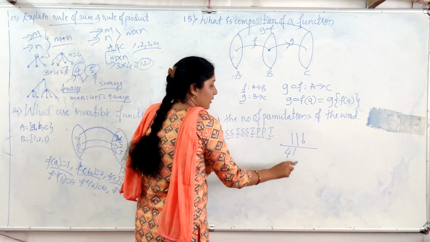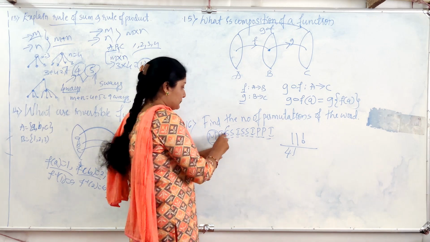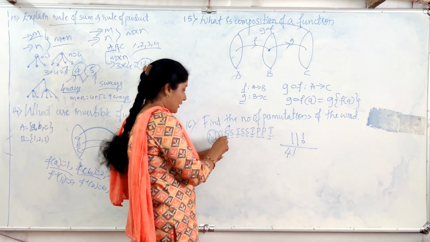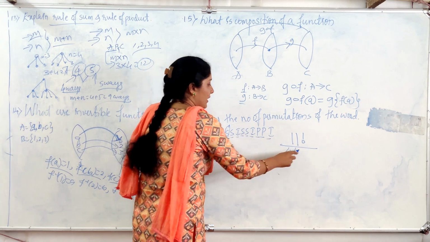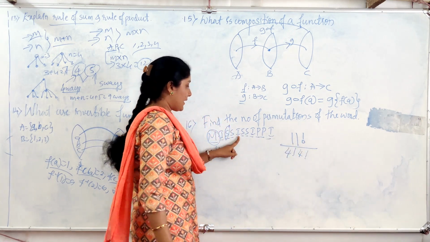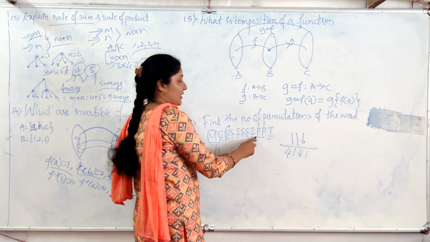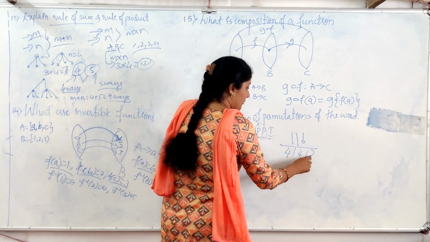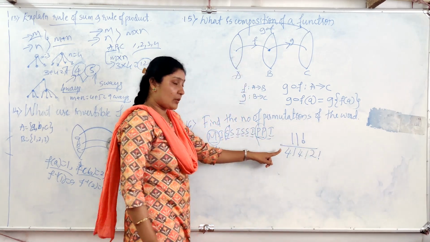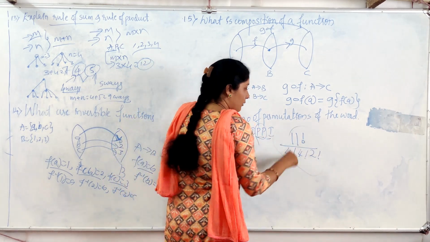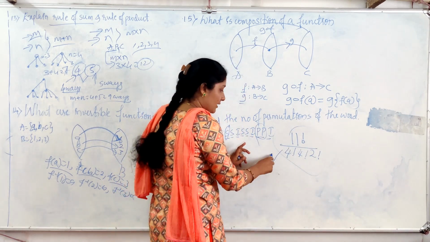Therefore divided by 4 factorial. Next, S is repeated 1, 2, 3, 4, that is also 4 factorial. Next, P is repeated 2 times, therefore it is 2 factorial. So what will be the answer? Calculate it and give me the answer in the comment.